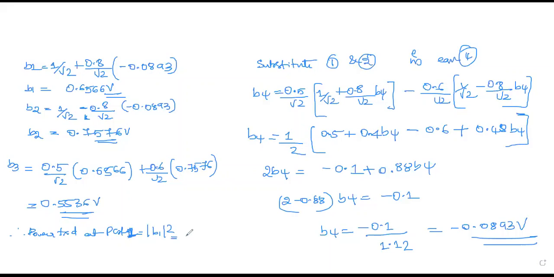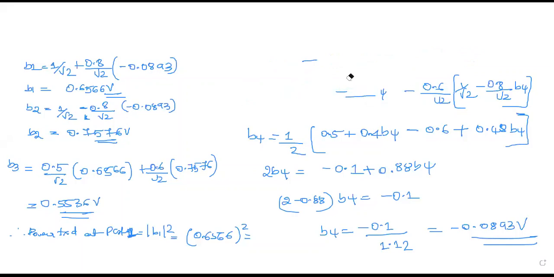Okay. So I'll tell you the procedure. Similarly, you do it for B1, B2, B3 and B4. The power transmitted at port 1 is the magnitude of B1 square. So if you have the B1 value, that is 0.6566, just square it. Do it for all four so that I can finish this.